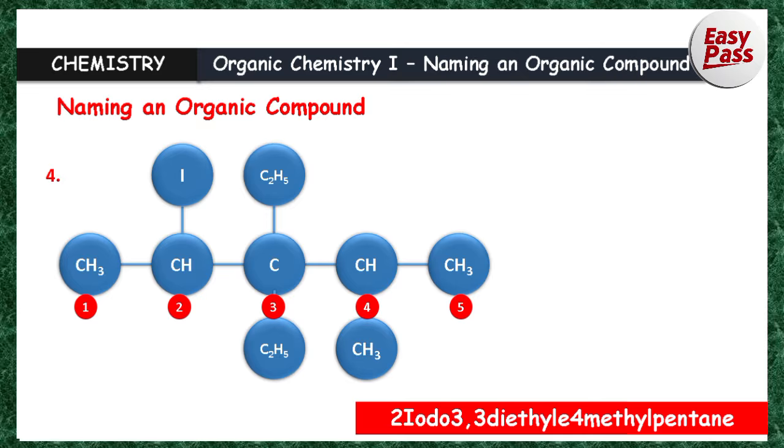M. 2-iodo, comma, 3, diethyl, because we have E in the alphabet. E comes before what? M. That's why we name ethyl before what? Methyl. 2-iodo, 3,3-diethyl, 4-methylpentane. This is the name of the structure given to you on the board.